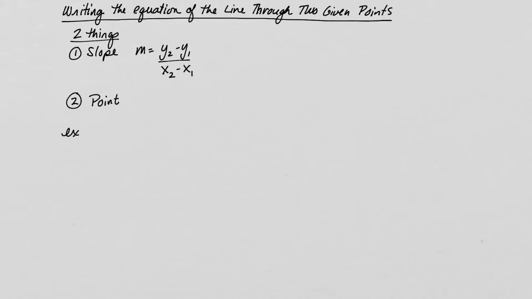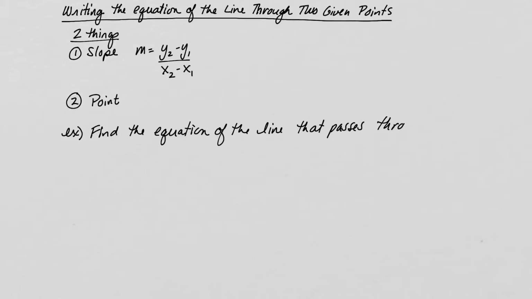And it's not going to matter which point we use. So for example, find the equation of the line that passes through, and then A, we'll look at the points -1, -6, and -5, 3.